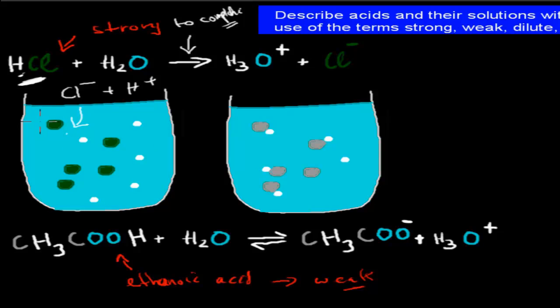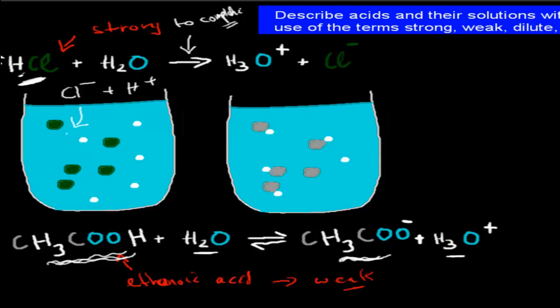Whereas if we have a weak acid, not all of them separate. So here we have our acetate, which comes in contact with water, and if it donates a proton, it will become ethanoic acid or acetic acid, and it will also give off this hydrogen ion or hydronium ion.